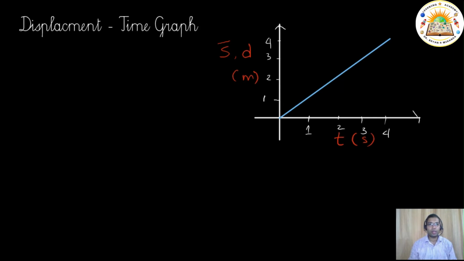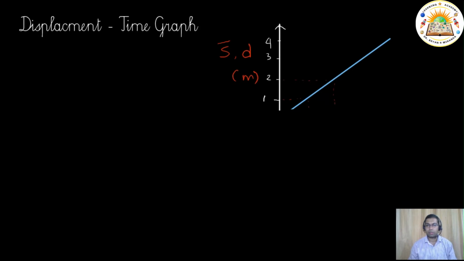Now, if we draw some dotted lines onto the x and the y axis, that is, dropping perpendiculars, we can see that our values are almost the same. This is our x-axis.